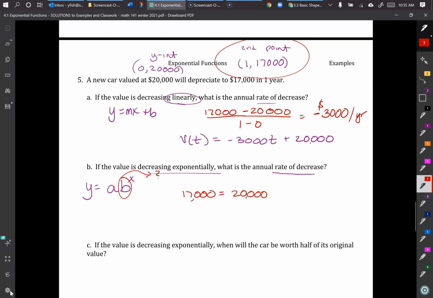And then we have the b is the unknown that we're trying to find. And our x value that goes along with the 17,000 is 1. So we don't really even need to worry about that. So what we're doing in this case is we're actually just dividing.